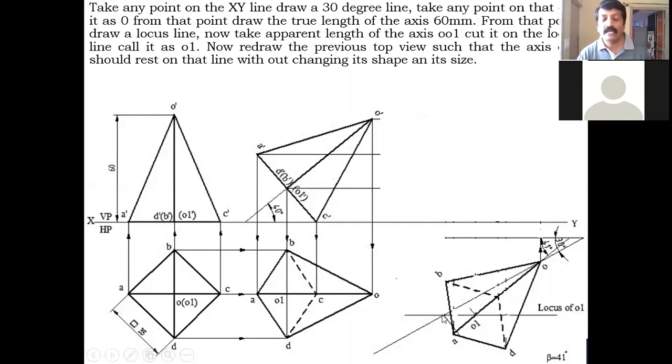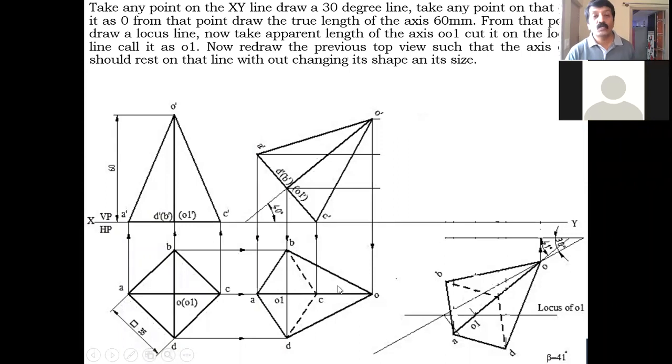Once you cut this 30-degree line, you draw a locus line, a horizontal line. We can call this the locus line. After getting this locus line, from the top view, O1 to O distance you take. This distance is the apparent length of the axis.